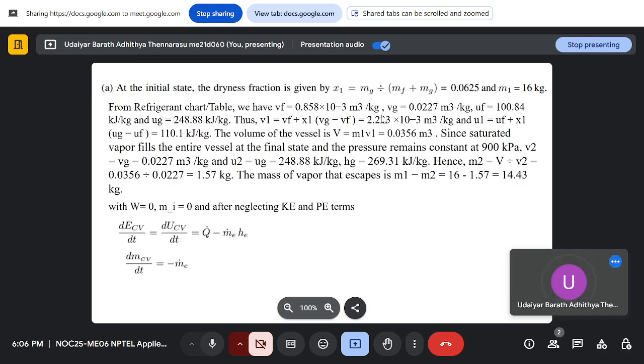Doing that we will get the specific volume as 2.223 into 10 power minus 3 meter cube per kg. And similarly the internal energy at state 1, where the valve is not opened, this is state 1. At that point the internal energy is 110.1 kilojoule per kg.